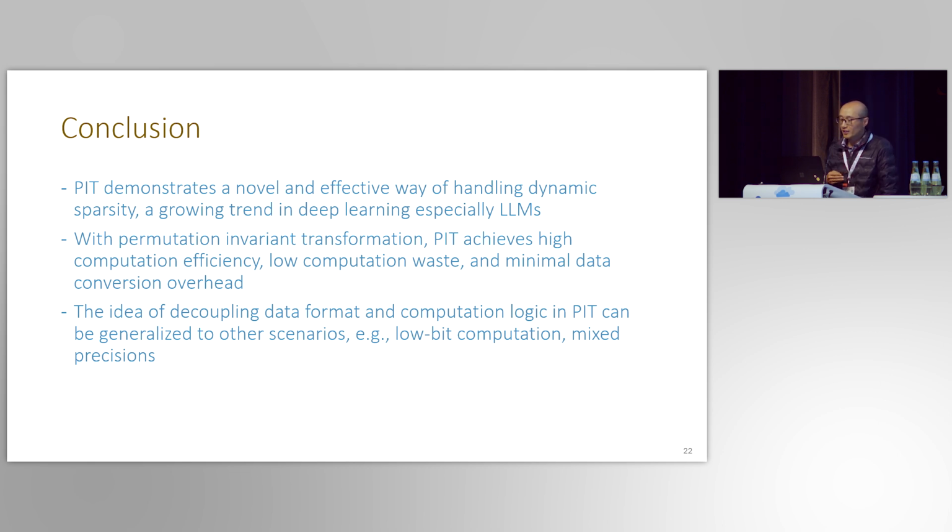Furthermore, the idea of decoupling data format and computation logic in PIT can be generalized to other compiling scenarios, such as low-bit computation, mixed precision. Yeah, this is all my talk. Thanks for listening.